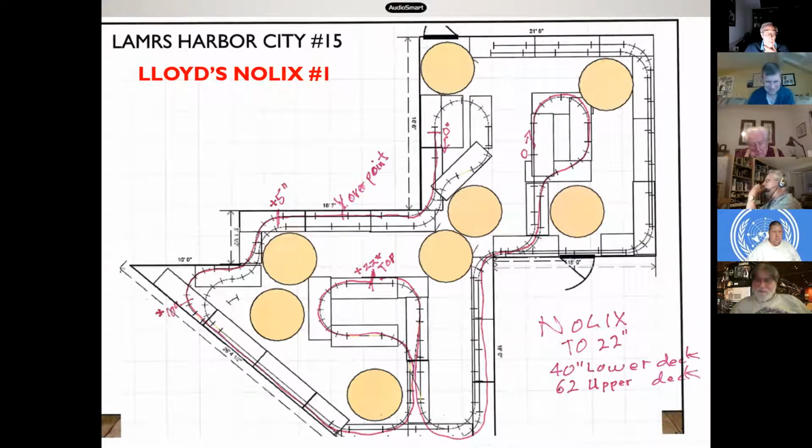The point is it's staging. You can always run your train down to the main level. You can always run your train up to the main level. You can always stage on the main level, load it up and send it up or send it down. Those are all doable, and that's the way we've always operated our staging to some degree.